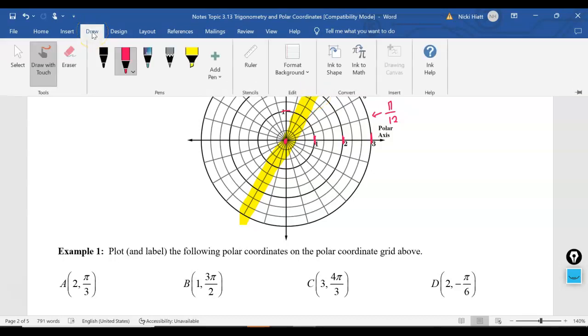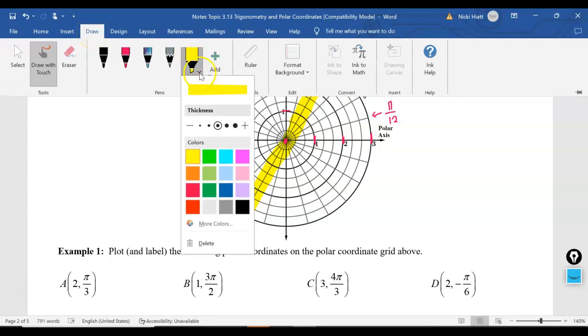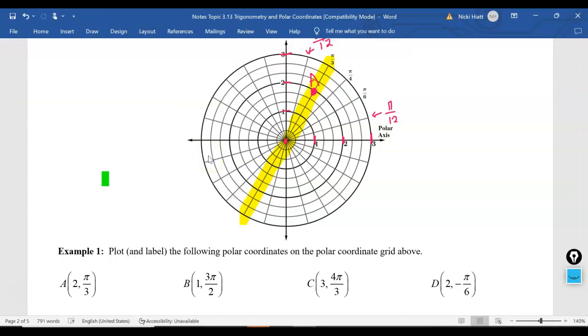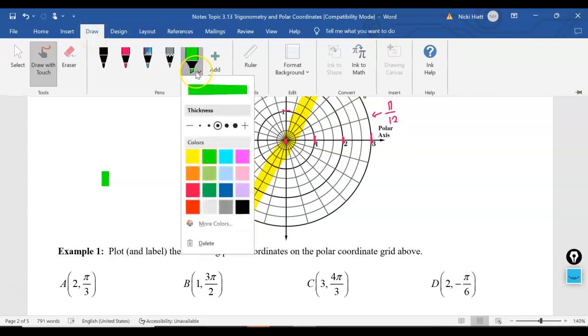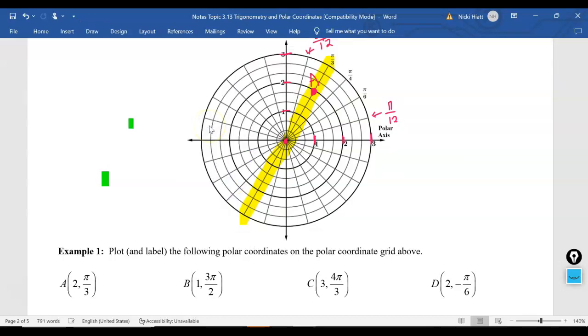Let's use a different color for the next one. Let me change my highlighter here. Let's use green for this, and let's make it a little bit smaller so it's not so thick. All right, our next one is 3 pi over 2. And 3 pi over 2 on our unit circle is right here. That's what we would be going towards.